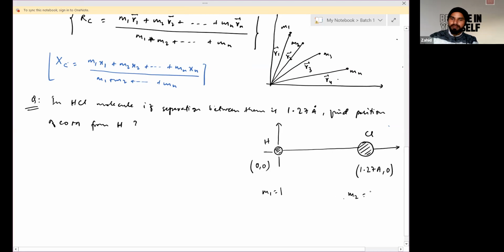The mass of chlorine is 35.5, in terms of u.